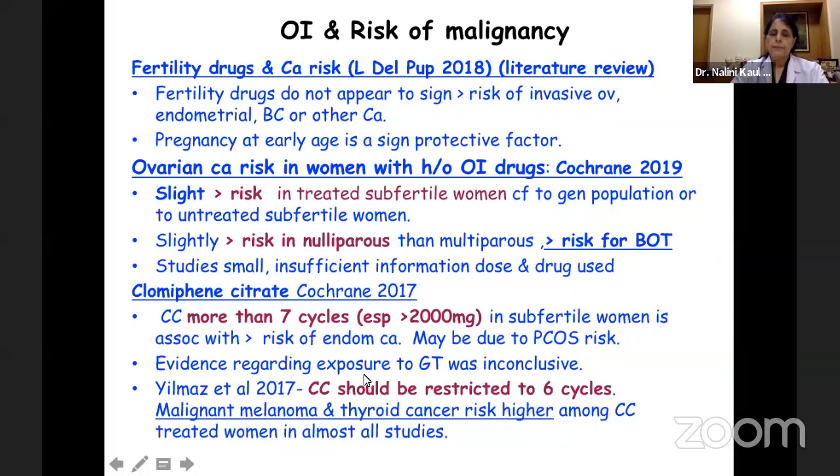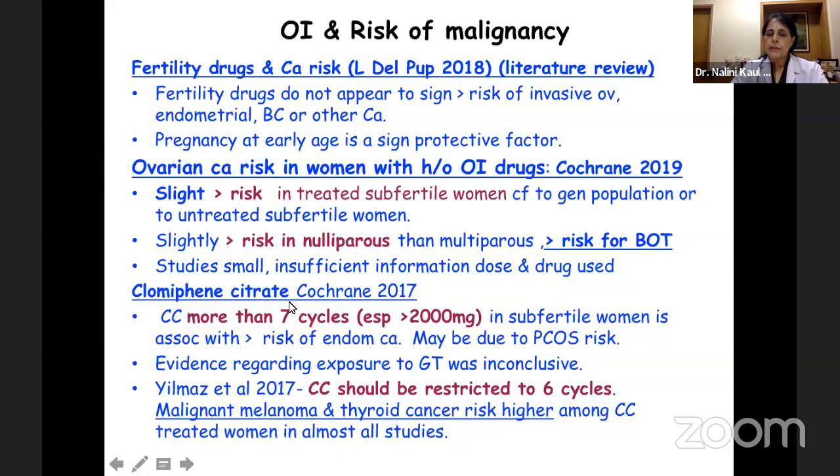However, again in 2017, it was said that CC should be restricted to 6 cycles, and malignant melanoma and thyroid cancer risk is higher among CC-treated women in almost all studies. So yes, at the moment it's reassuring.